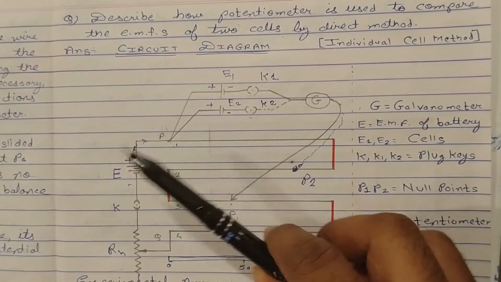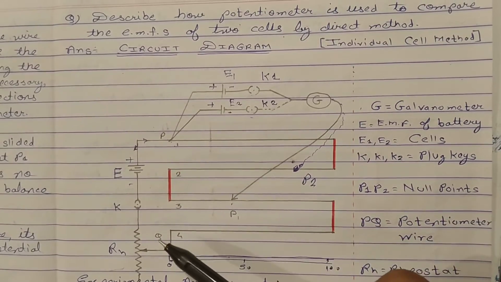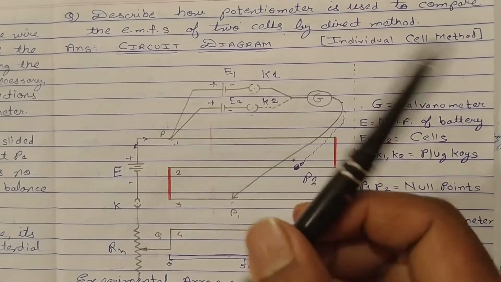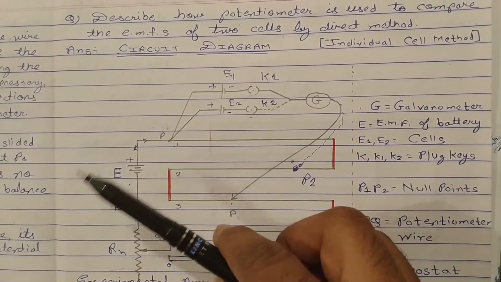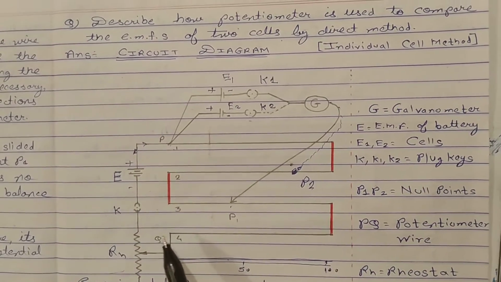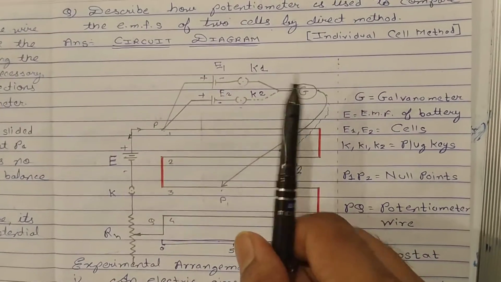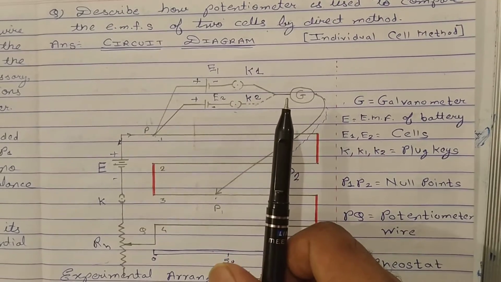That deflection should be extreme left. And connect the jockey to the point Q. The deflection in the galvanometer should be extreme right. If you don't get extreme left and extreme right deflection when you connect jockey to the point P and Q, adjust the rheostat so that you will get extreme left and right deflection in the galvanometer.